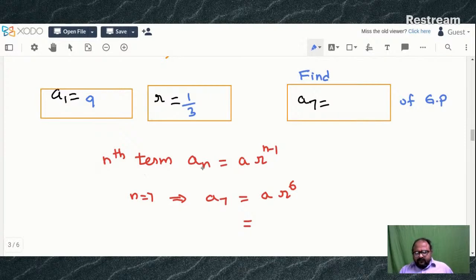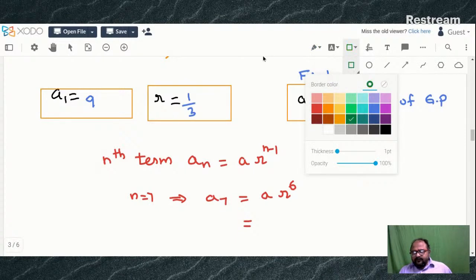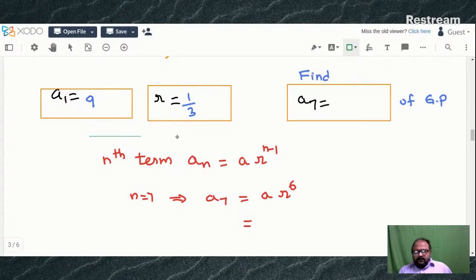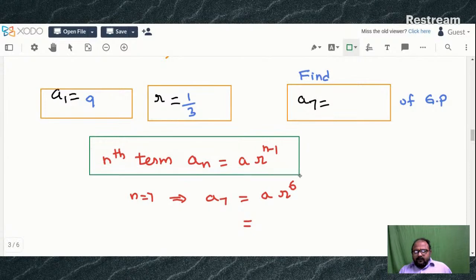Nth term formula is noted down here. What is the formula for nth term? An equal to A multiplied by R to the power of n minus 1. Now we substitute the values. Here A is 9 multiplied by 1 by 3 whole to the power of 6.